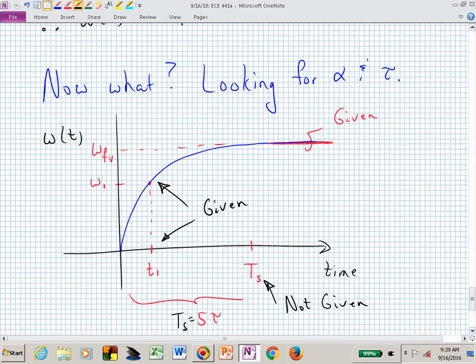And maybe they've told you how much they excited the system with, what constant value was applied. Given constant input value, let's say, to be consistent with before, A.